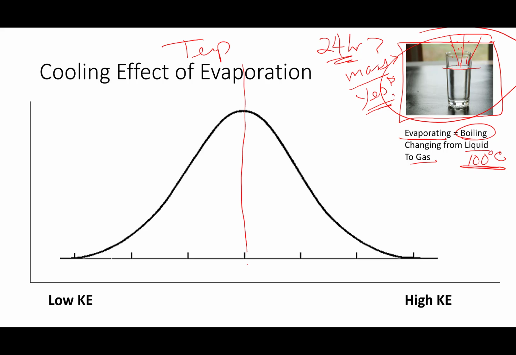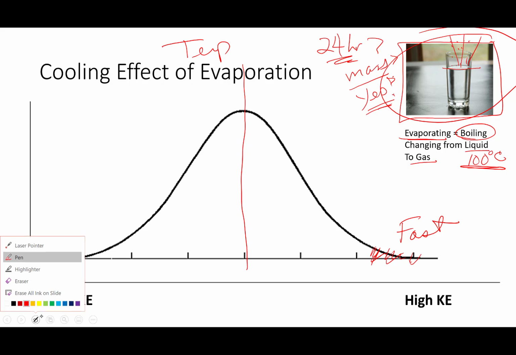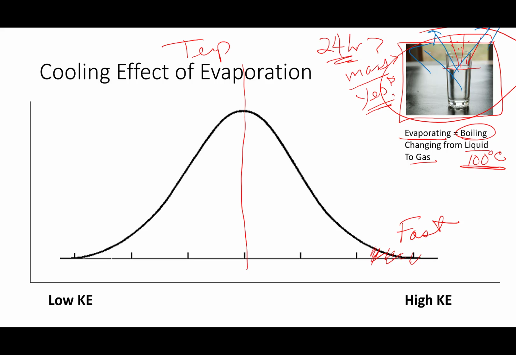In this glass of water, some of the molecules have really, really high kinetic energy. They are moving crazy, crazy fast. And overnight, the molecules that are going crazy fast have enough speed, enough kinetic energy, that they actually escape the surface of the water and leave. And when they leave, they actually remove some energy from the cup.